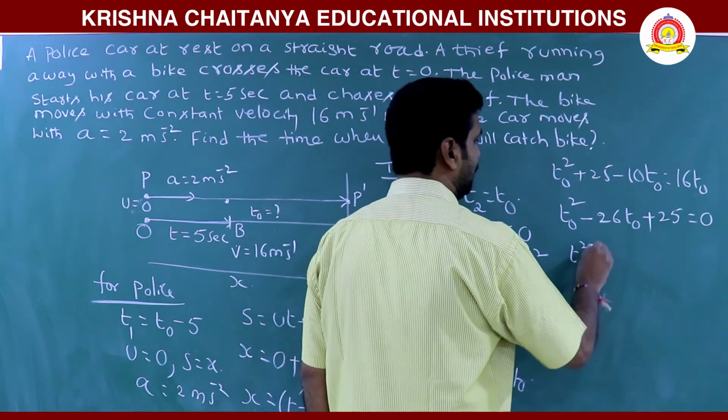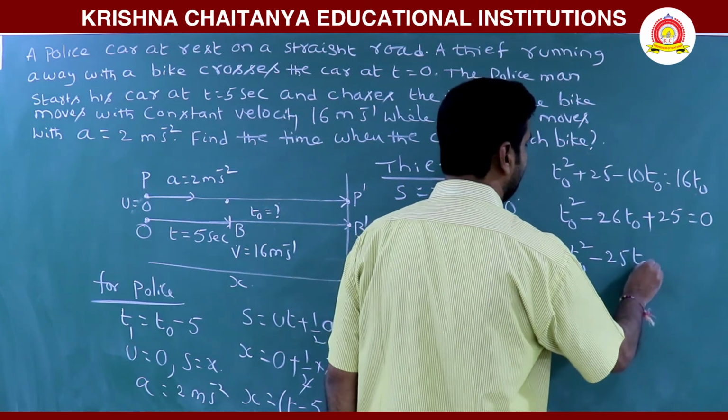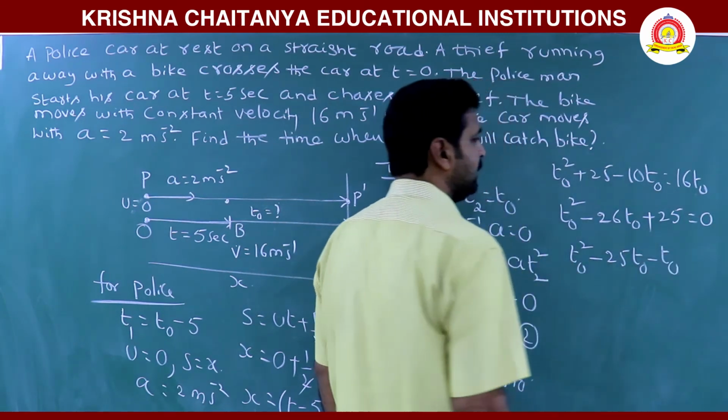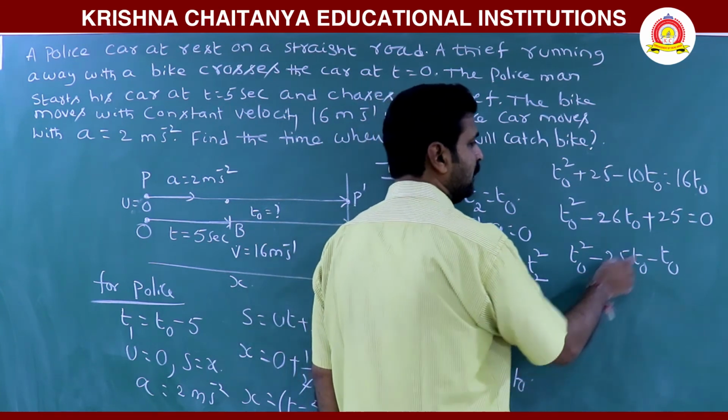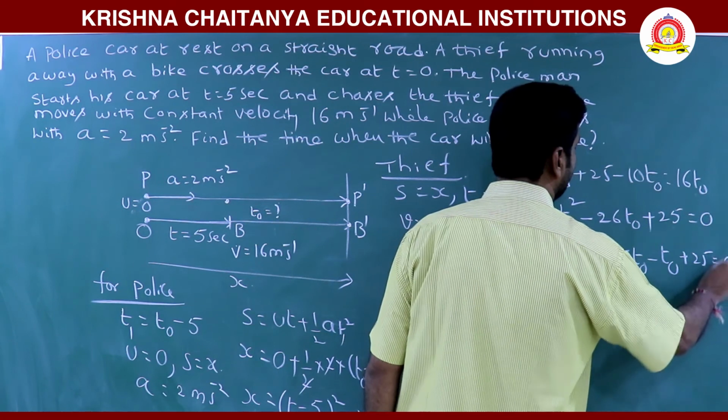Now we can write the middle term as 25 t0 minus t0, so t0 squared minus 25 t0 minus t0 plus 25 equals 0.